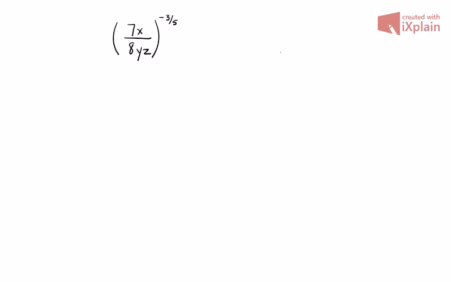So I can give the negative 3/5 to the top product and to the bottom product. This is going to give me 7x, that whole thing raised to a negative 3/5. And then I can do 8yz, that whole thing raised to the negative 3/5.